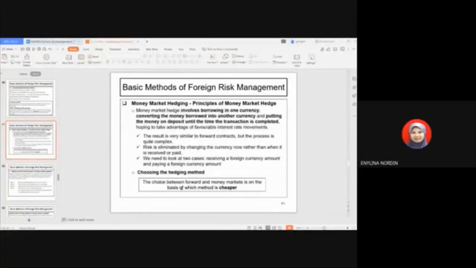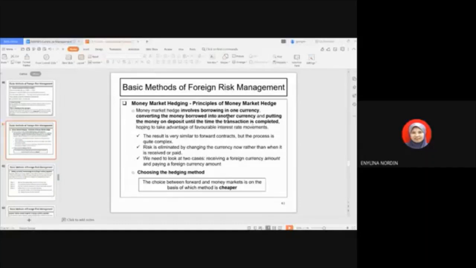So money market hedge is a strategy involving borrowing in one currency, where the company will borrow in one currency and then convert the borrowed money into another currency. Why? Because this money will be placed on deposit until the maturity period, or until the time the transaction is completed.